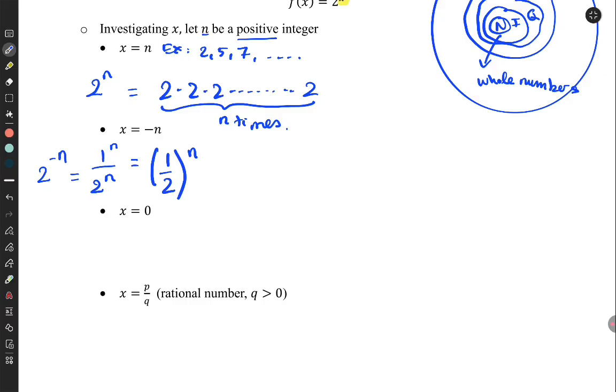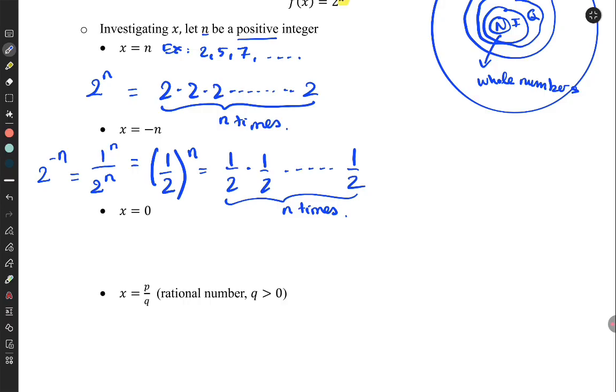And now suddenly this one looks like this. And if I expand this, in other words, 2 to power negative integer is just 1 over 2, n times multiplication, n times.